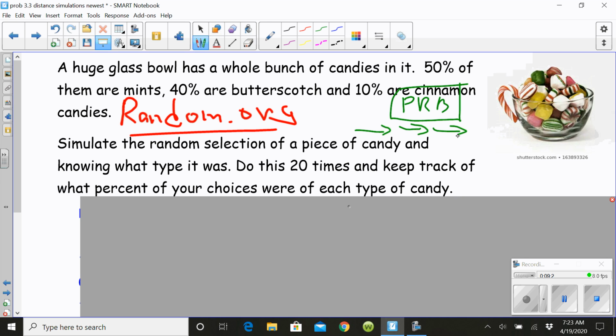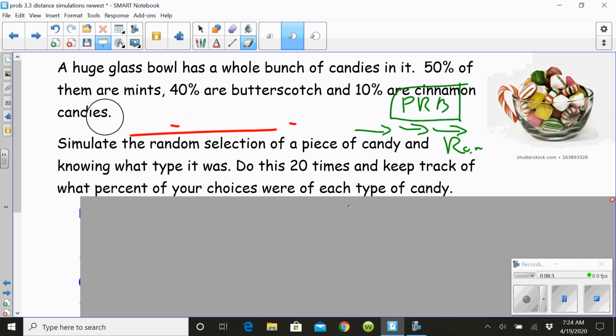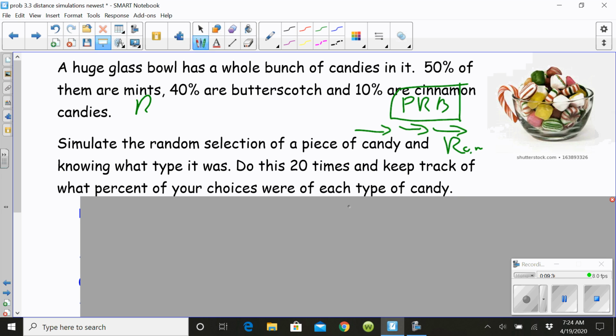So if you hit PRB, keep sliding to the right until you underline the RANDI function. It looks like this, RAND with an I. And then if you select that, it's going to show you a left parenthesis. And what you need to do is enter the smallest and greatest possible value that you want the calculator to generate.